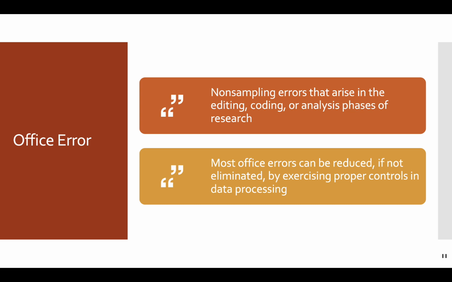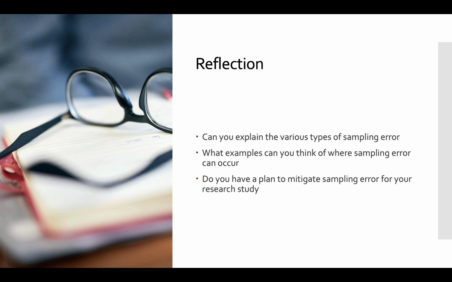Oftentimes in an academic study, we'll have two different people manipulate the data and make sure that they are the same. So just have good proper controls. Make sure you take your time. Always make sure you save a raw data file when you're analyzing your data. We are human, stuff will happen.